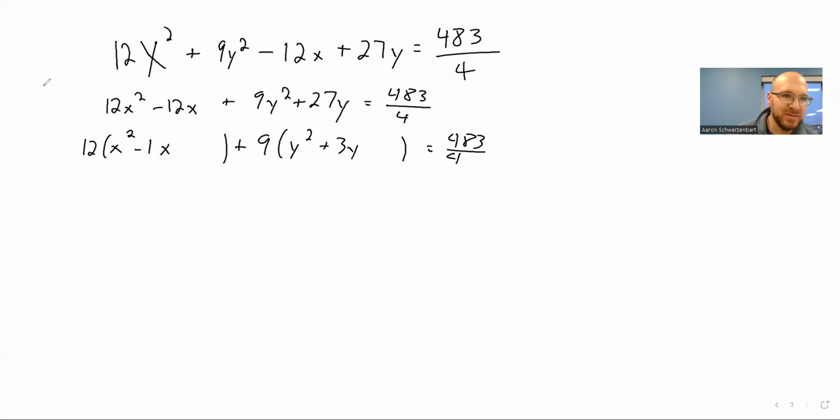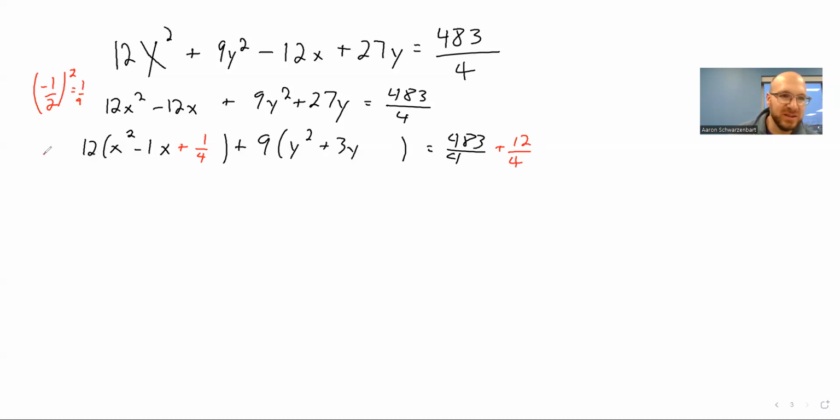So here for the x, I'm going to take -1, divide it by 2, and square it, which is 1/4. I'll multiply 1/4 times 12, and that's adding a 3, which is 12/4.